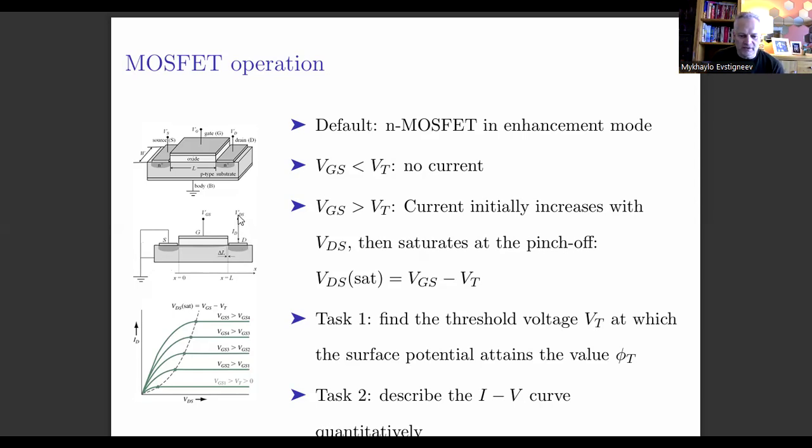Sometimes I will be writing V sub D, the drain voltage. Sometimes I will be writing VDS, the drain to source voltage, but the source is grounded and the body is grounded, so it's the same thing. VD and VDS will be the same thing. Depending on the drain voltage, you will measure the current in the drain as a function of the drain voltage.